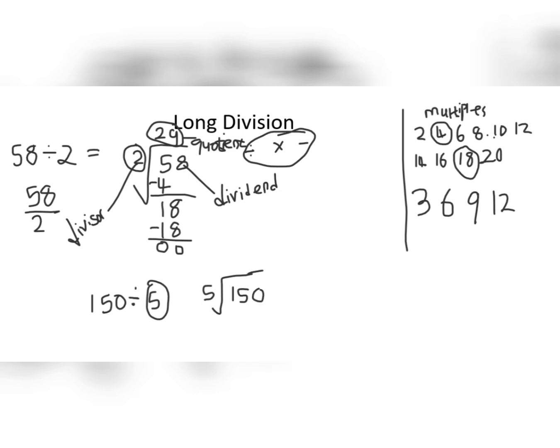So if I know the multiples of 5: 5, 10, 15, 20, 25, and so on, it will help me. 5 into 150, if that's to be for a child. Remember, this is for a child that is just learning how to use long division.